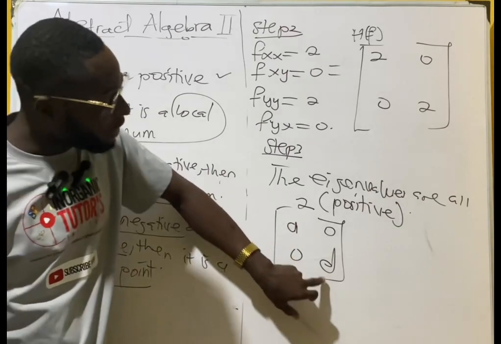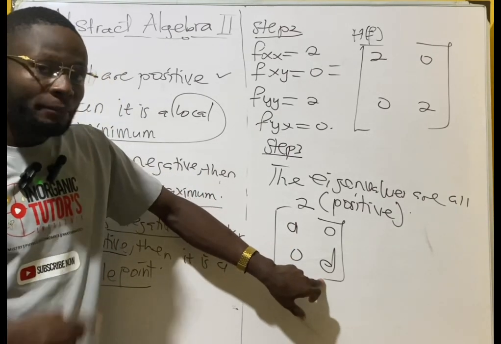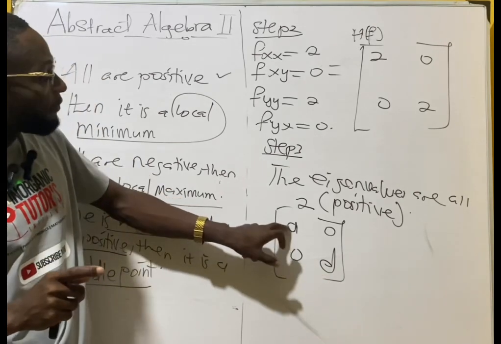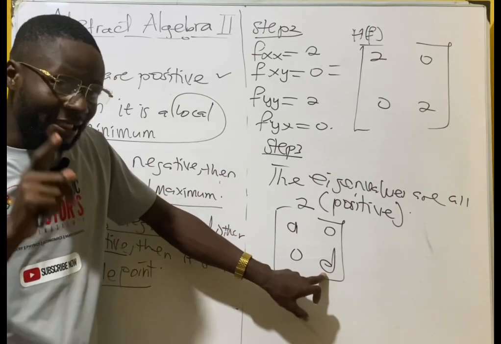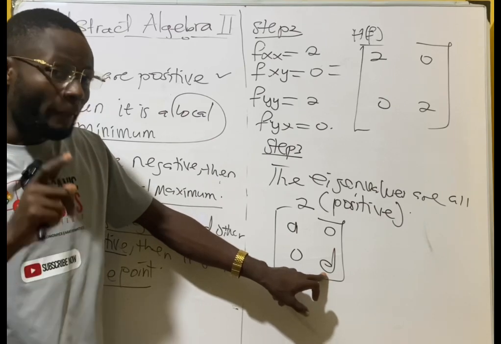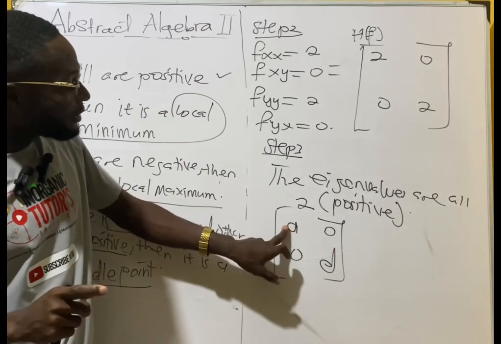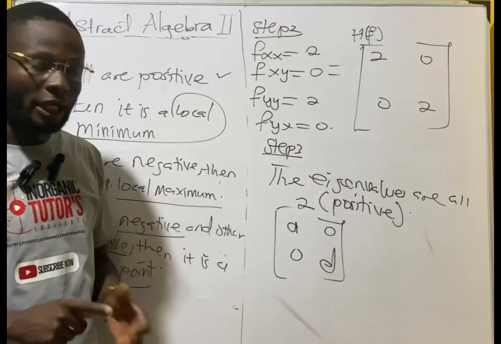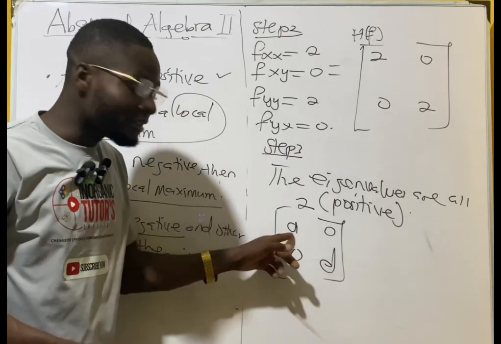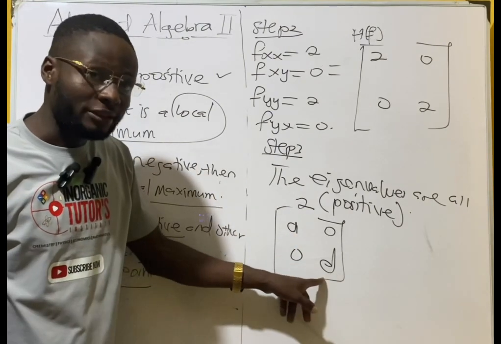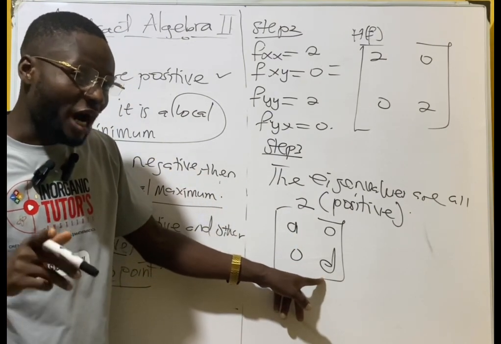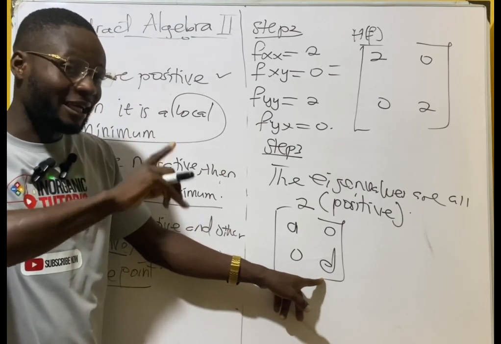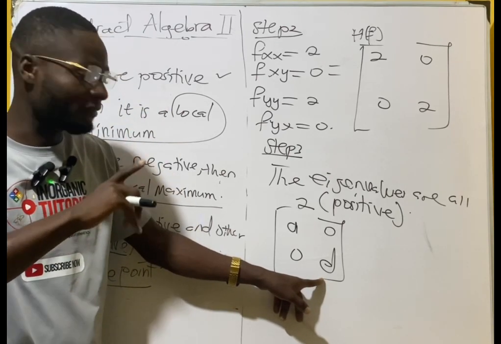So if all the values here are positive, then it is a local minimum. If all the values here are negative, then it is a local maximum. If one is negative and one is positive, it is a saddle point. Okay. Now, if one is 0 and the other is non-zero, you cannot conclude. You have to do further tests, right? By looking at the signs of the second derivative, the second partial derivative.